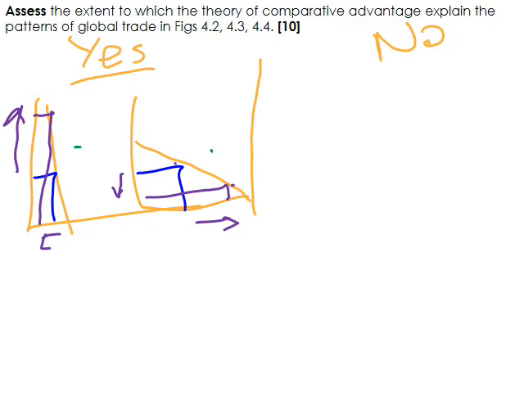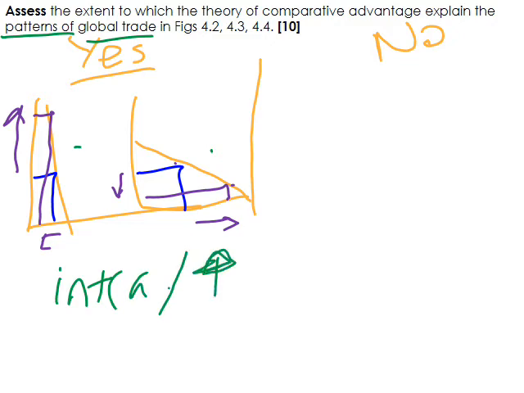The question here is about the pattern of global trade, so it needs to be linked to either some kind of intra-regional trade or increases in total trade, especially when you look at those charts which show you the gaining and losing of comparative advantage.